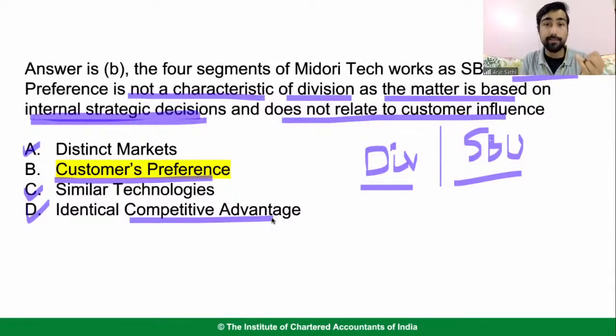So how can you create a division based on customer preference? Plus, that is an external thing. Creating a division or SBU is an internal strategic decision which is based on internal preferences. You create a division on the basis of your business's preference. You do not create a division based on customer preference, right? So that is what the answer is.